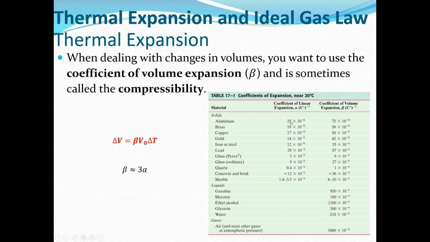If you take aluminum, 25 to 75 is a factor of 3. 56 to 19 is 2.9, close to a factor of 3. We could do that for all of these and see that, for lead, this is a factor of 3. So a lot of these are off by a factor of 3. We're actually going to show this proof in a second.